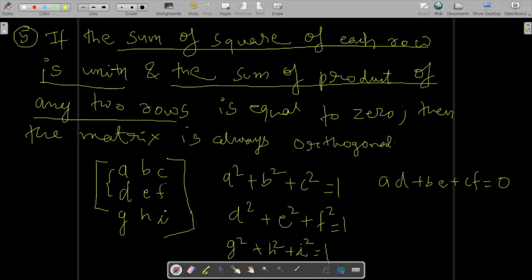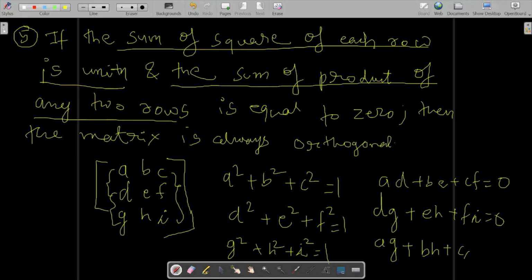Similarly, if I pick up the last two rows, then DG plus EH plus FI is equal to 0. And if I take these two, then AG plus BH plus CI is equal to 0. So a matrix which satisfies these conditions will be called an orthogonal matrix.